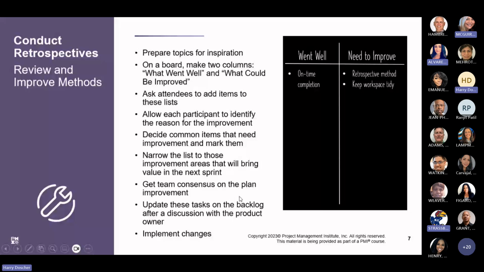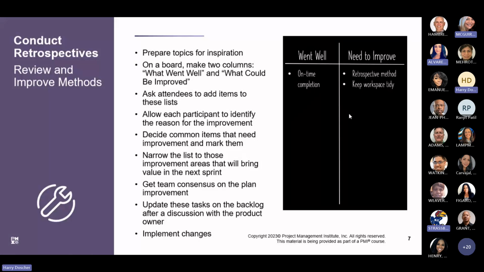Naturally, any of the improvement items will be part of the backlog. That's managed by who's responsible for the backlog? Product owner? Yep, absolutely. So the product owner prioritizes these improvement items that you come up with against everything else in the backlog.